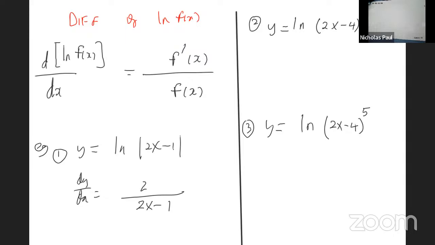Ln can be negative. That's why I keep putting modulus in front. Try those two there.